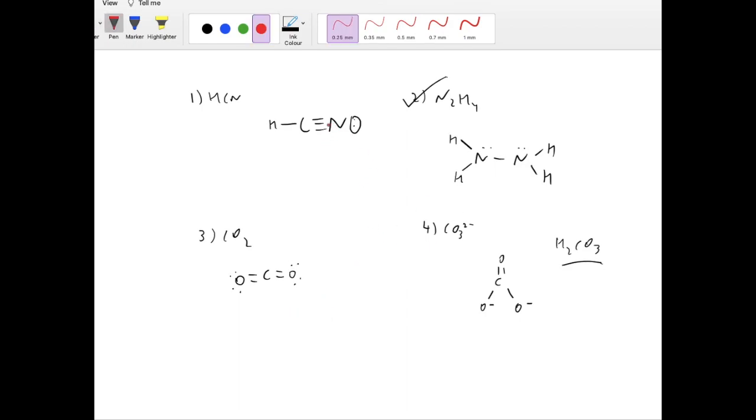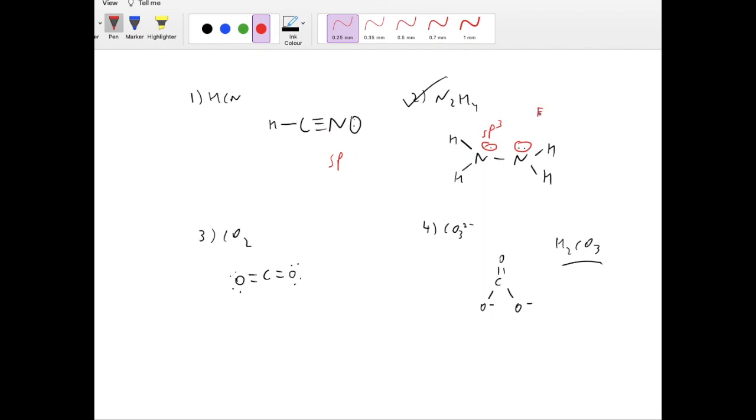Here nitrogen is sp hybridized, and here nitrogen is sp3 hybridized. Now sp hybridization is more electronegative than sp3 hybridization, and here we have two nitrogens, so these would prefer a basic attack more than this nitrogen.